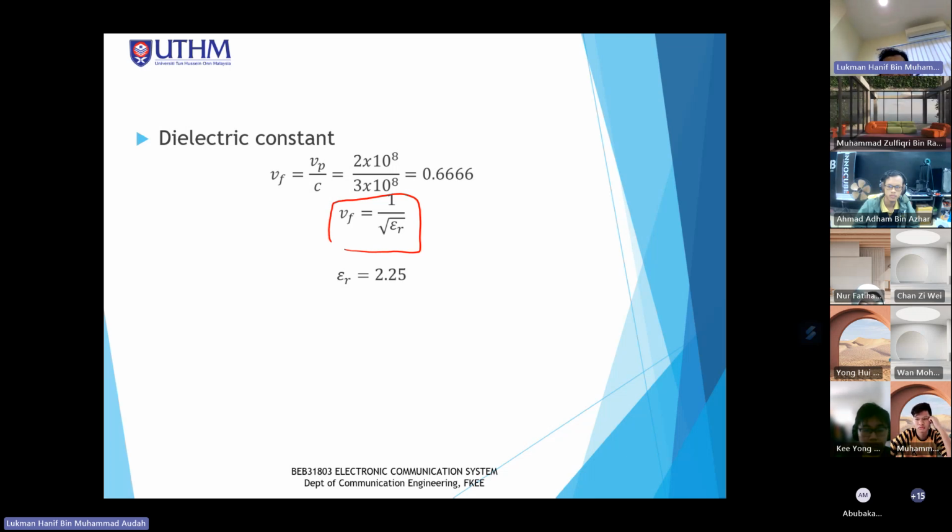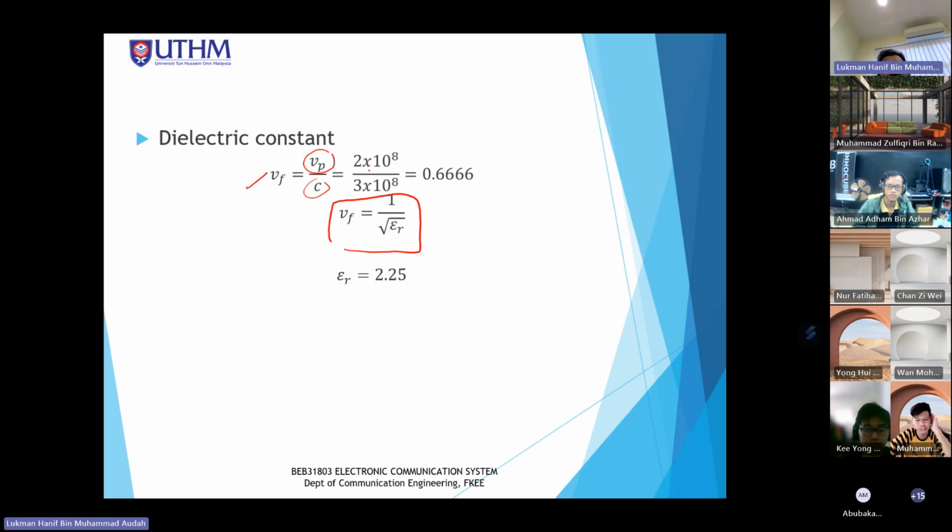From here, we can find epsilon r. Before that, we need to find Vf, the ratio of the wave velocity Vp over the speed of light. So Vf is equal to the speed of the wave divided by the speed of light.